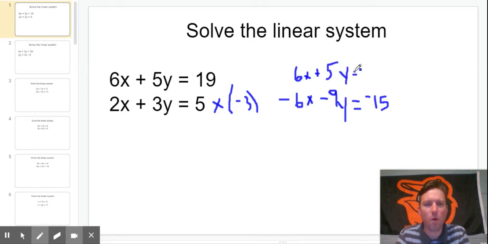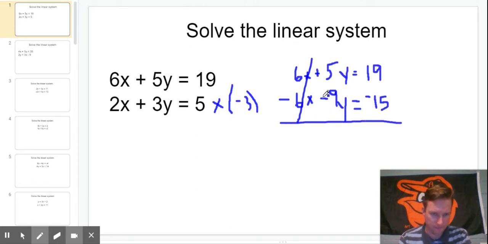Okay, so the first thing I'm going to do is look here: 6x and negative 6x, that cancels each other out. I have 5y and I have negative 9y. If I were to add the equations, I would get negative 4y.